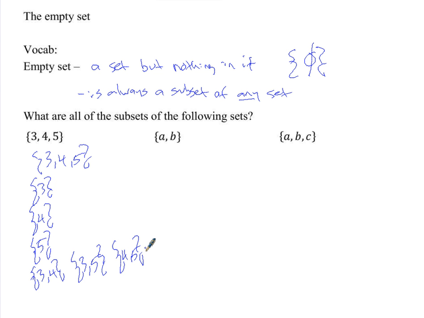You just have to have unique numbers in a subset. So notice that we have each individual one. Every way that you can have just one element. We have all of the originals. And we also need to include nothing at all, the empty set. Those are all the subsets of 3, 4, 5.